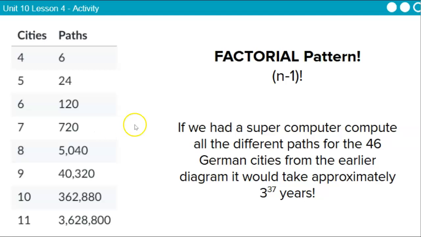If we did this with the 46 German cities, it would take approximately 3 to the 37th years for a computer to figure out that many possible different paths that that salesperson could take. This is just unreasonable. We can't have a computer running that and taking 3 to the 37th years to find the answer.